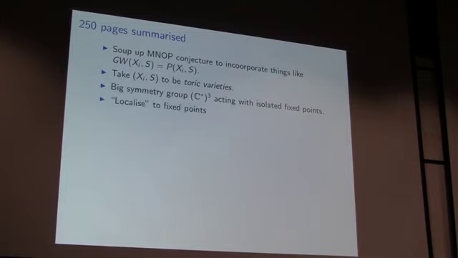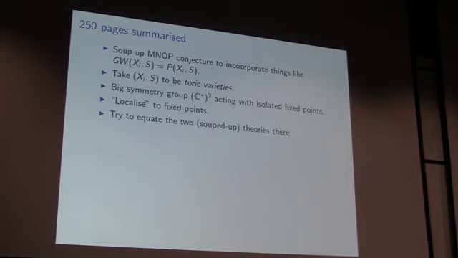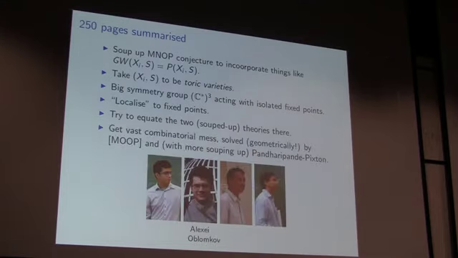Using this symmetry, you can localize all the information to the fixed points of this symmetry group. Essentially, what goes on away from those fixed points is completely uniform and symmetric. Homogeneous, that's what I mean. So you try and prove this souped-up MNOP conjecture for these toric varieties by localizing all information to these fixed points, and you get some enormous combinatorial mess, which is then solved geometrically, not combinatorially.